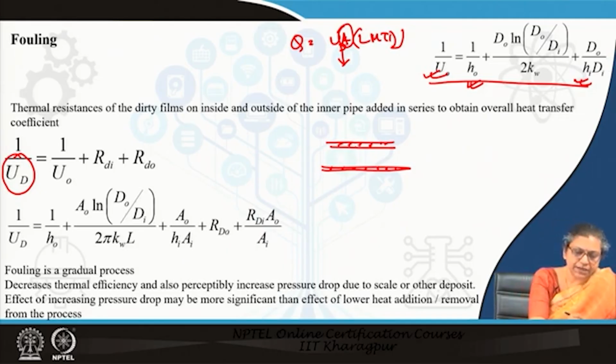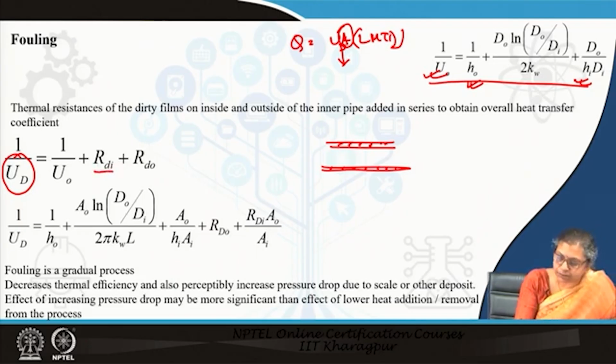So it is very important that when you are designing a heat exchanger, be it a shell and tube or a double pipe exchanger, we take up the design overall heat transfer coefficient. This design overall heat transfer coefficient accounts for the dirt factor or deposit on the inner side of the tube, and the dirt factor or fouling factor on the outside of the tube.